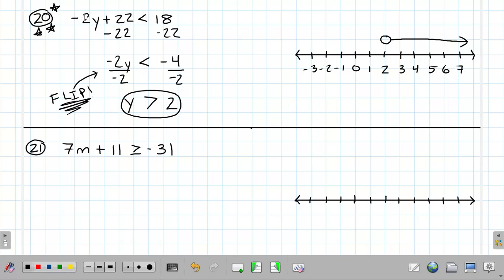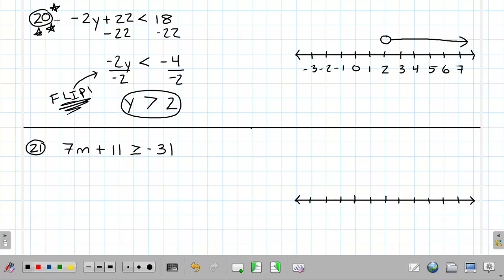Negative 2 times 10 is negative 20. Negative 20 plus 22 is 2. 2 is less than 18. But if you pick something to the left of 2, let's say 0, negative 2 times 0 is 0. 0 plus 22 is 22. 22 is not less than 18. So that tells you the arrow has to go to the right.